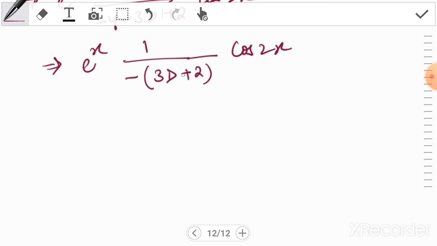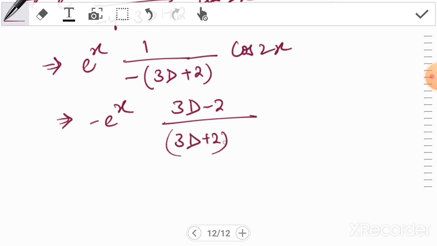Now again I can multiply and divide by 3D minus 2, and then this will be minus e^x times 3D minus 2 by (3D plus 2)(3D minus 2).